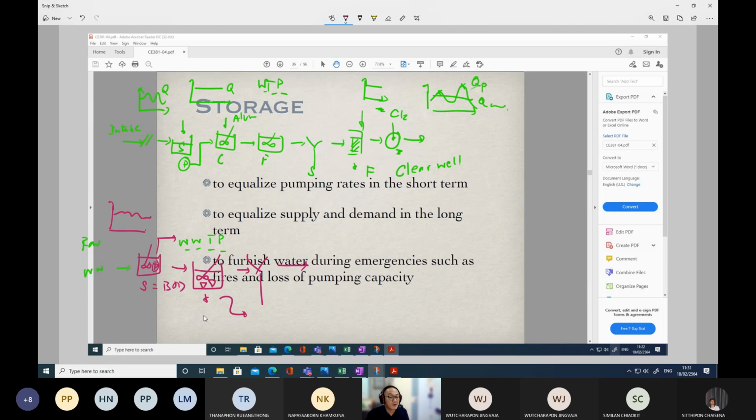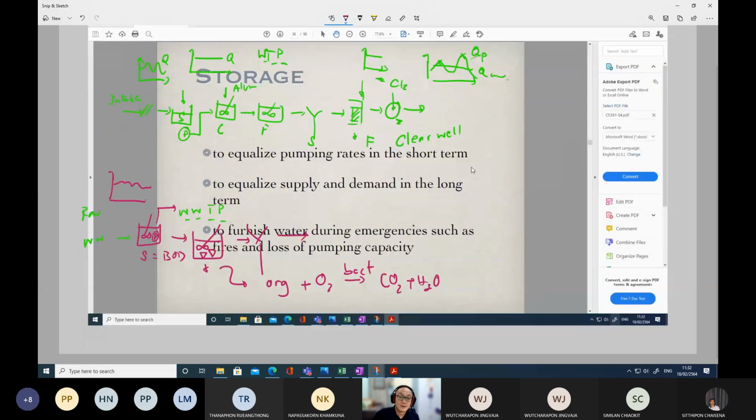According to the process, we call it the biological process. The BOD or organic substance gets degraded. The degradation requires oxygen and some amount of microorganisms, and then converts this into harmless end products. This is a biological process. It needs constant flow rates. But before entering the plant, there is a wide variation.